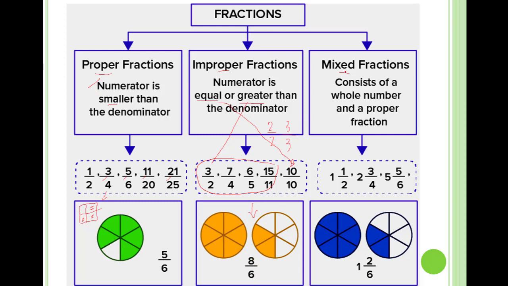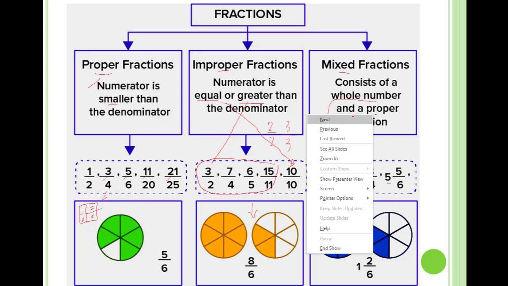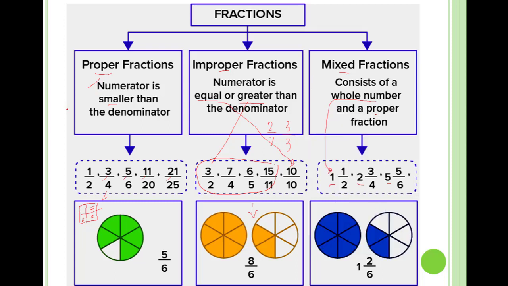Now, the third fraction consists of a whole number and a proper fraction. This time when you say the word whole number, for example, this is 1. We have 2. We have 5. And the proper fraction, again, as we all know, the numerator is smaller than the denominator.